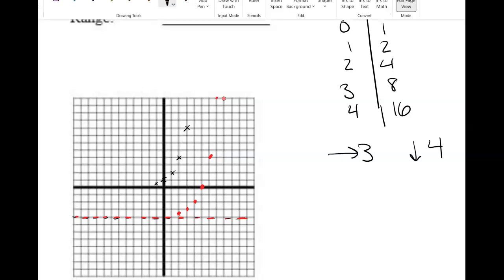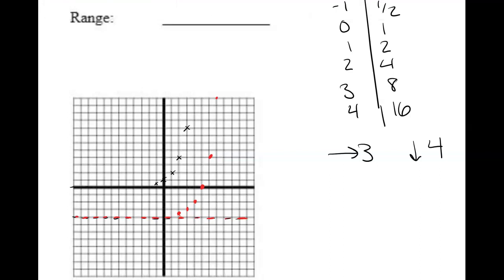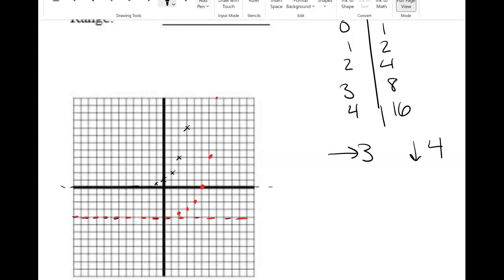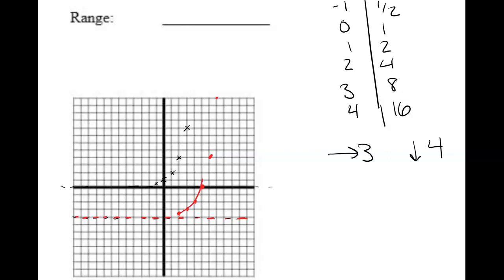Other than that, my original asymptote should have been at y equals 0, which you can't really see because I made that line really, really thick. Other than that, we just have to connect our new dots, and we call it a day.